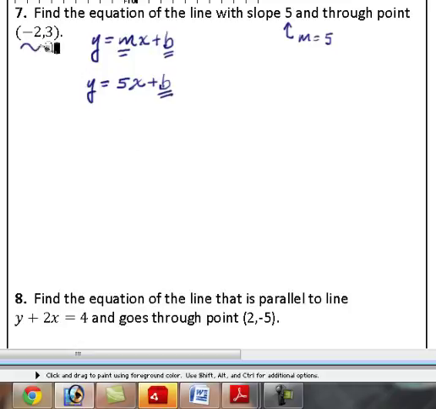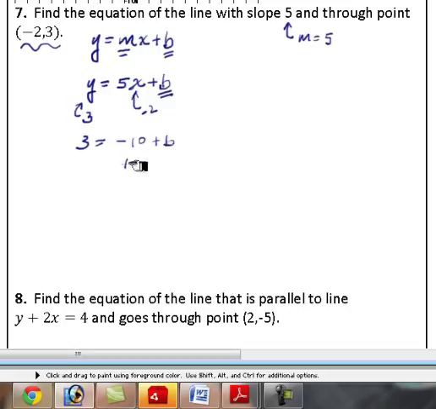Now, we haven't used our point yet that we were given, so we'll use that. We'll substitute in x equals minus 2 and y equals 3 right here. Minus 2 here, and 3 here. And then only b will be left, and we'll be able to solve for b. So we have 3 is equal to 5 times minus 2, that's negative 10, plus b.